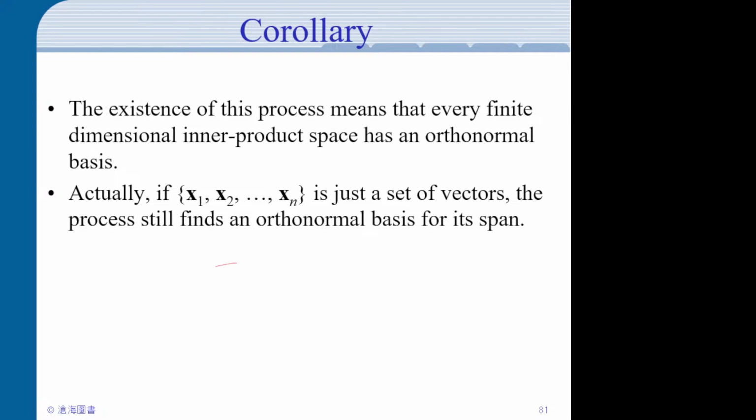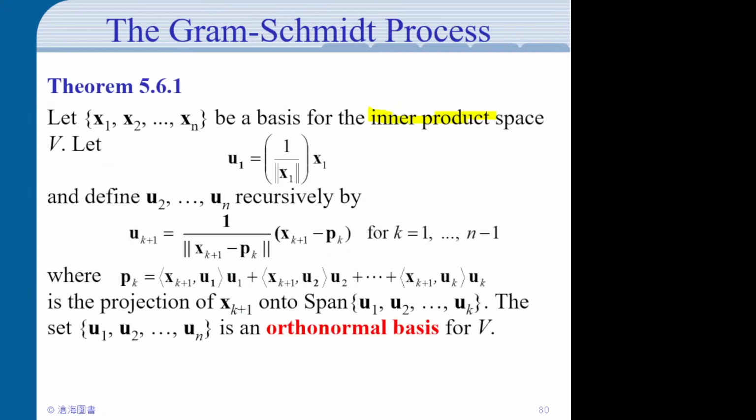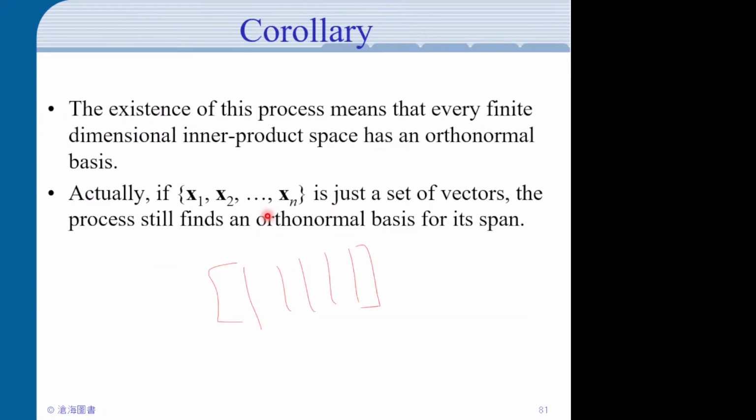Before, if you wanted to find the maximally linearly independent set from the span of these vectors, we listed them as a matrix and did Gaussian elimination. But here you see there is another way: you can run the Gram-Schmidt process through them, and you will get a basis, and it's not only a basis, it's also an orthonormal basis. So it's even a bit nicer than what we found from Gaussian elimination before.